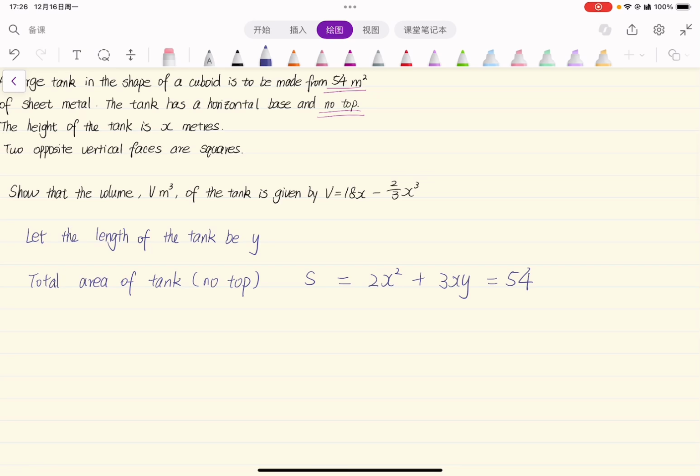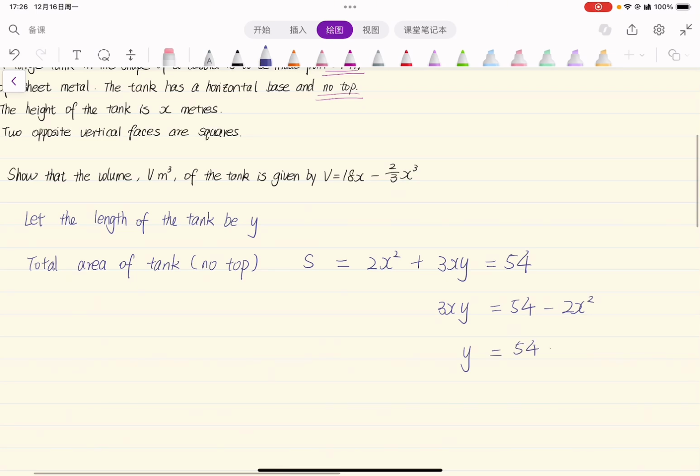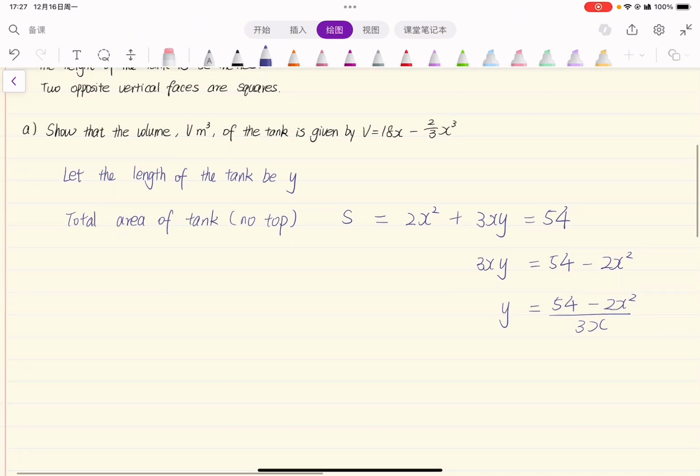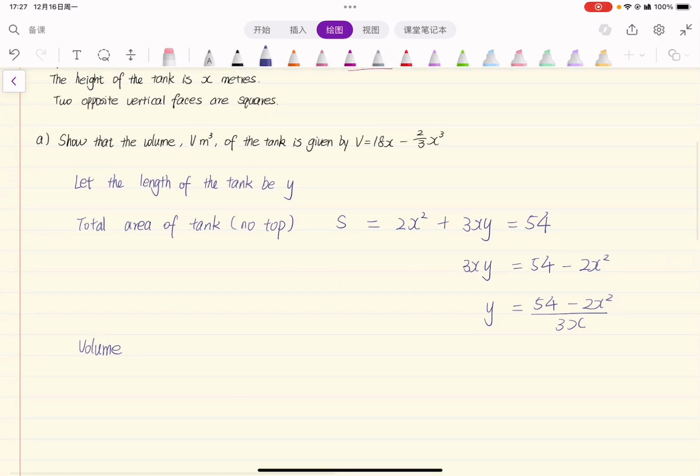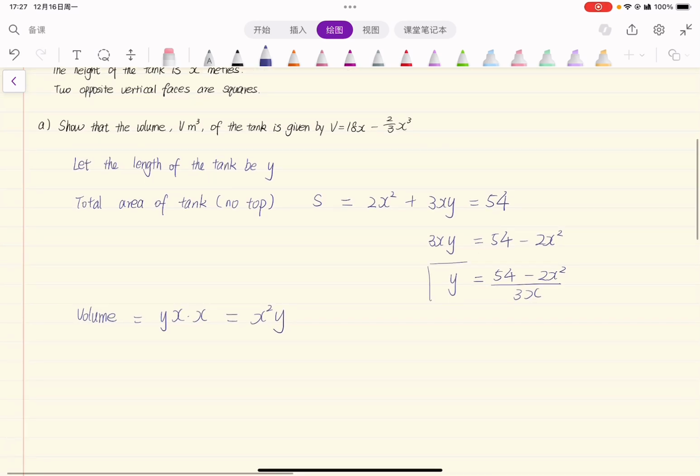Then we can find the relationship between y and x. We have 3xy equals 54 minus 2x squared. So y equals 54 minus 2x squared over 3x. We know that the volume of the tank is length times width times height. So we have y times x times x, that equals x squared y. And we substitute this expression into here.